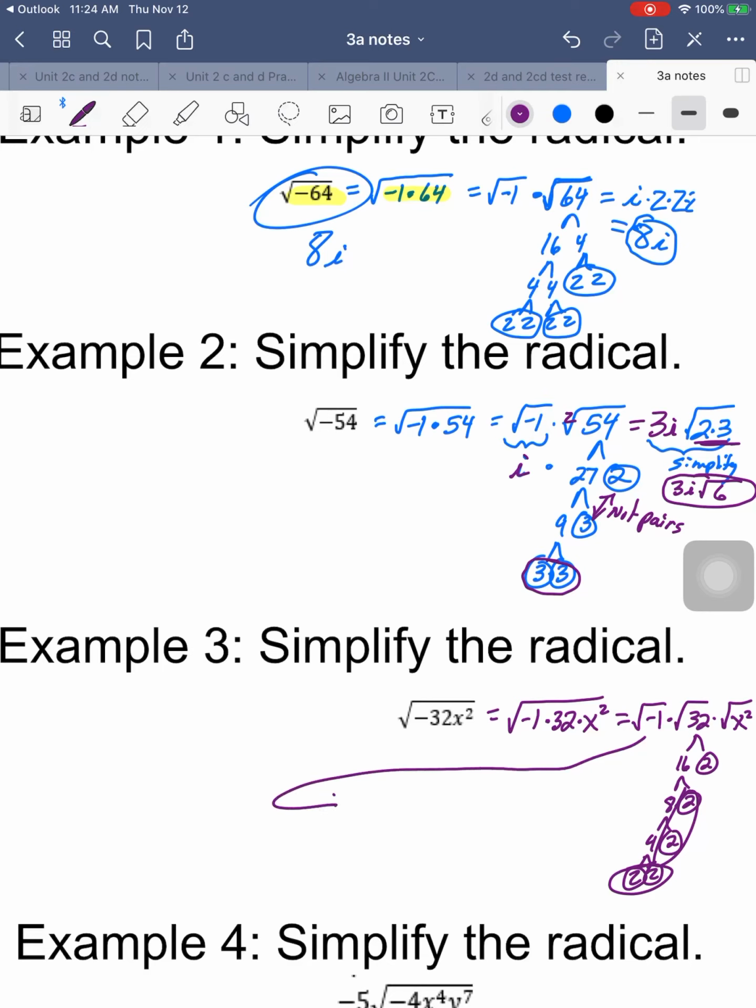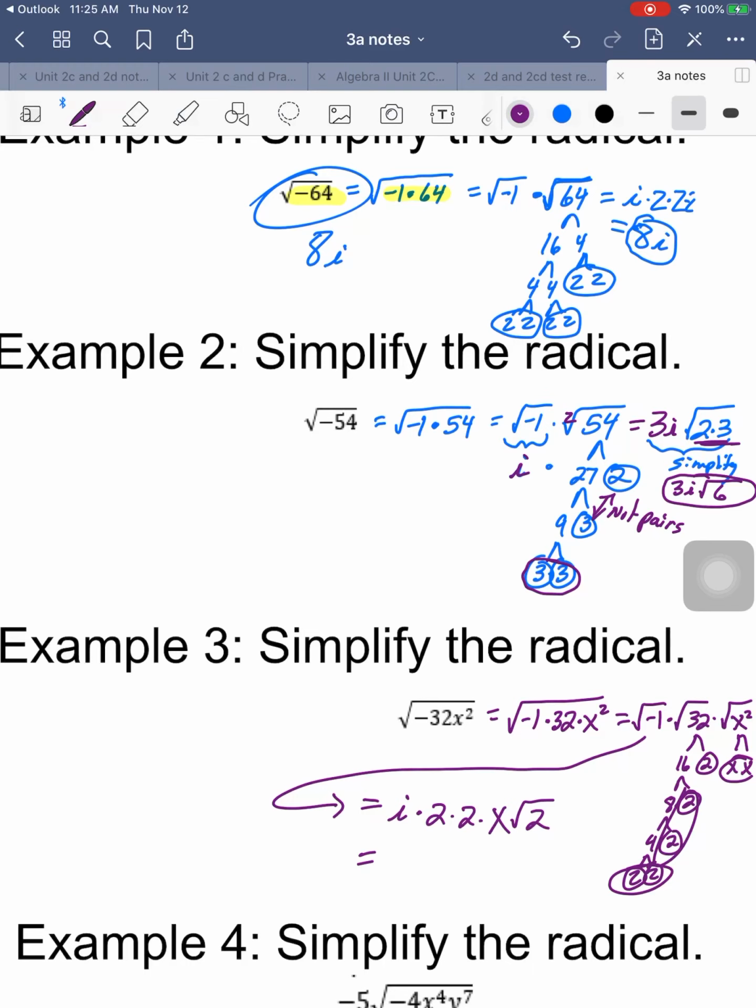So this equals, that was i, 1 pair of 2s, there's 2 pairs of 2s, and there's a 2 left over. That's underneath. The x squared is x times x, there's 2 x's, so that comes out, there's 1 pair.